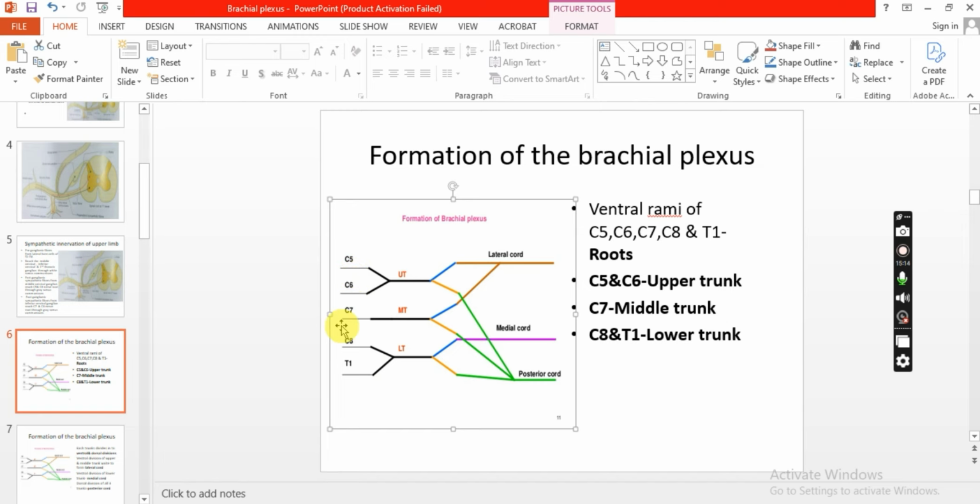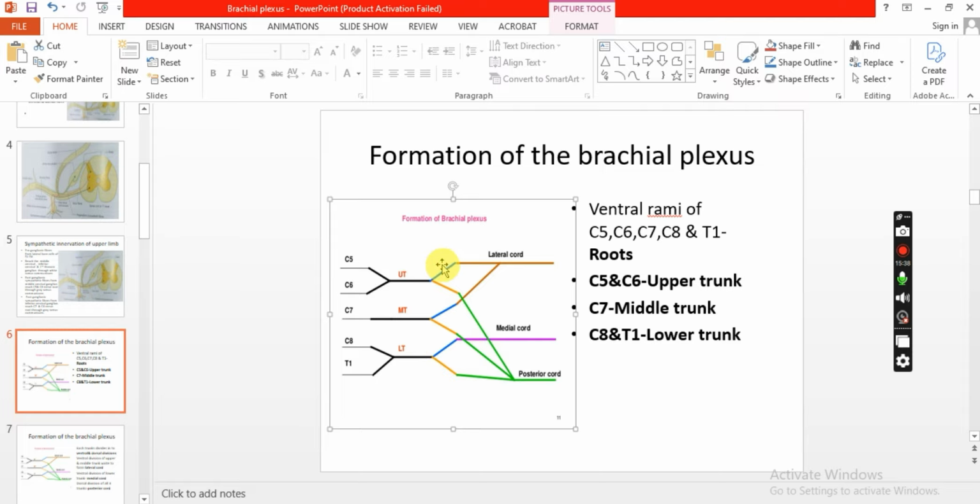So C5, C6, C7, C8 and T1 are the roots which unite with each other. C5 and C6 make the upper trunk, C7 makes the middle trunk, C8 and T1 make the lower trunk. Okay, each of the trunks divides into ventral and dorsal divisions.